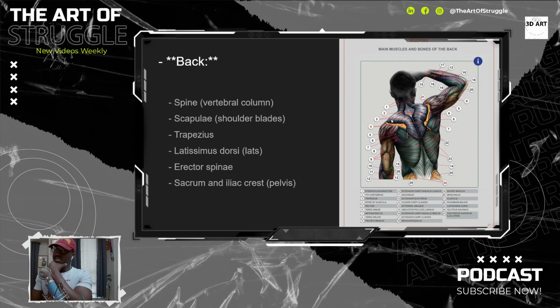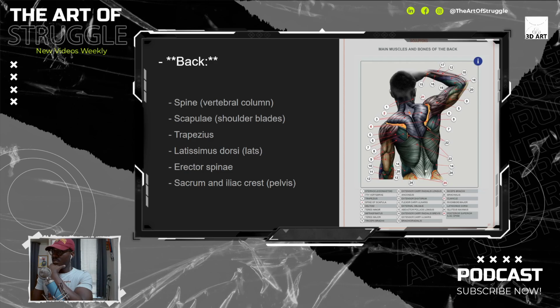Our trapezius, the traps. Sometimes you can see the traps from the front. The latissimus dorsi, which is the broadest muscle in the body, the lats, right here. You can see how ginormous it is. It's just a big swath of muscle.